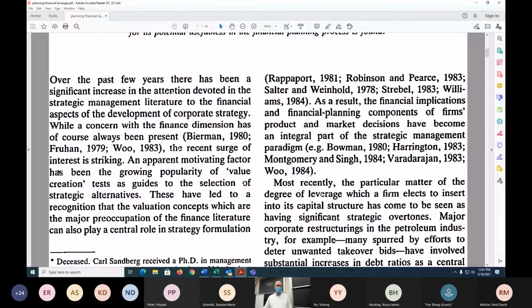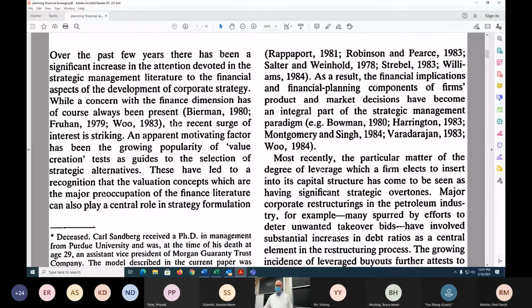An apparent motivating factor has been the growing popularity of value creation tests as guides to the selection of strategic alternatives. What they're talking about here is how much debt should I use? One thought is, let's pick the amount of debt that we believe maximizes value.